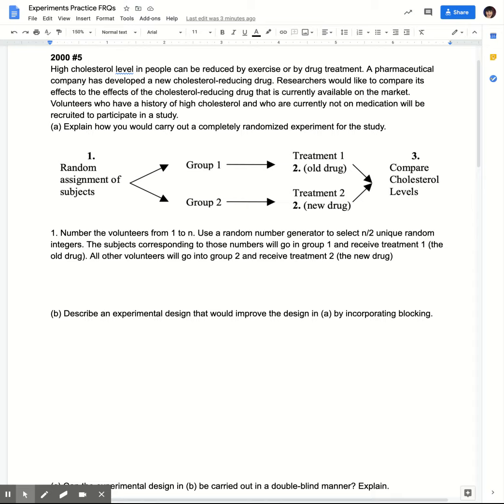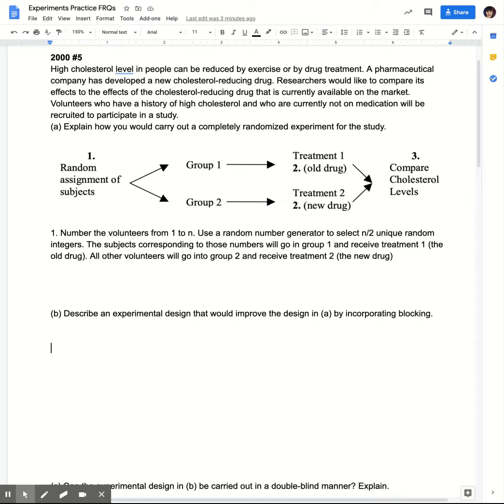The drug. What's the issue? Why are you blocking on that? Okay, that explanation does not have to be very long. It can be as short as, we want to block by gender because males and females might respond differently to the 2 cholesterol drugs, right? It can be that short.